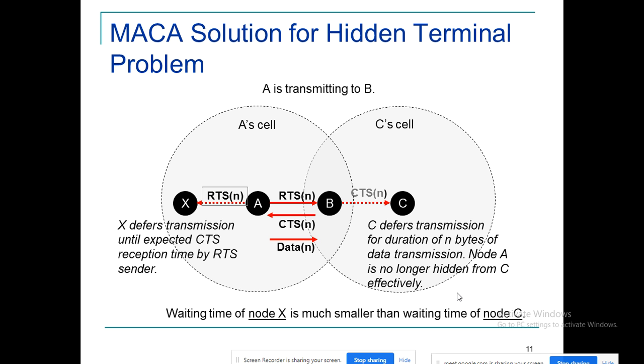Whoever is going to send the CTS within the stipulated time reflects its presence. Those who do not send the corresponding CTS within the respective time are not available within our range, right? So the time delay in receiving my CTS reflects the presence of a node. That's all.